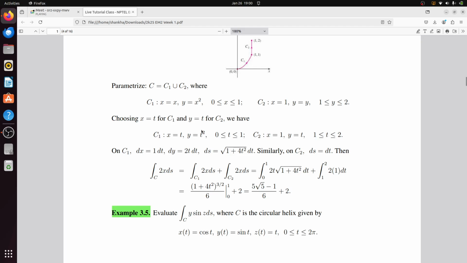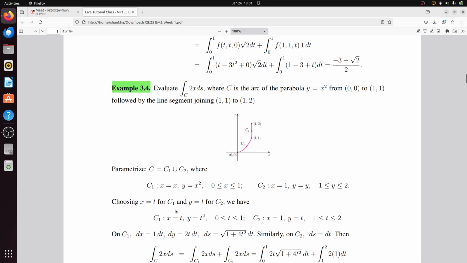I think you have made some mistake in the parameterization itself. For C1, sir, x is equal to t, y is equal to t square. And for the second curve I have i cap plus (1 plus t) j cap. But here there is no z, right? This is 2D.